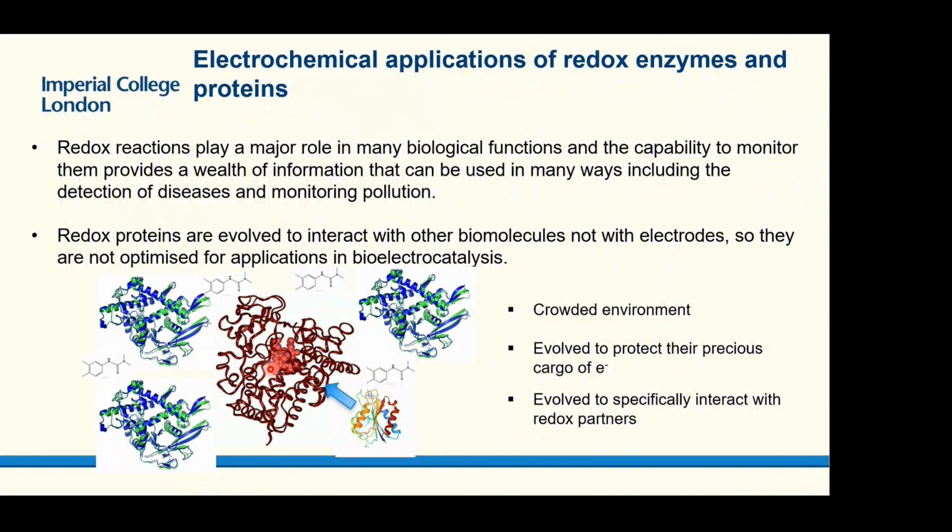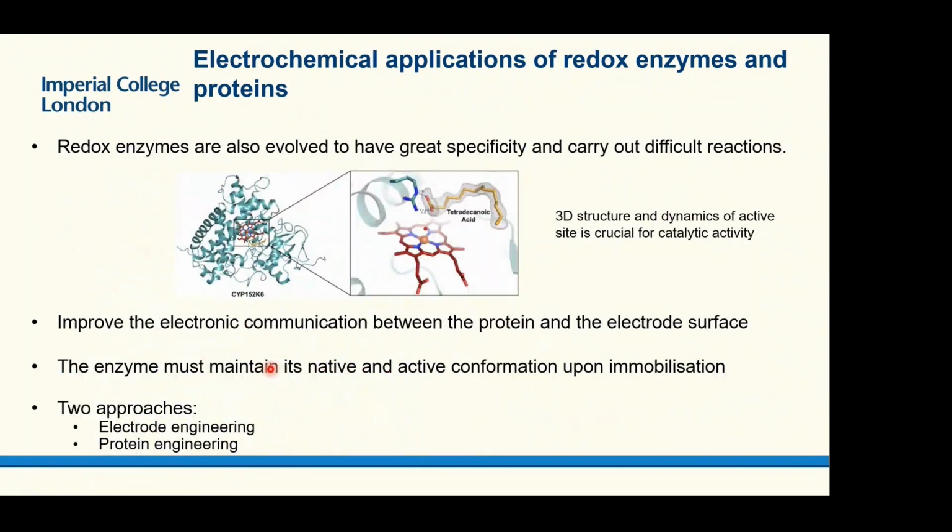The other aspect is that proteins, especially redox enzymes, have evolved to protect their carrier of electrons. So they normally embed the redox cofactor quite deep within the protein structure, and that makes it more difficult to build electrical connection between the electrode and the protein.